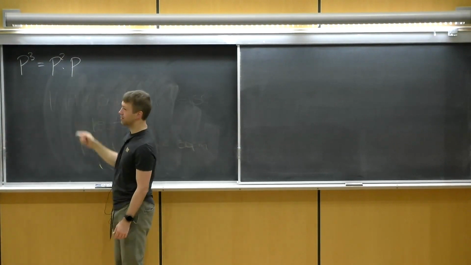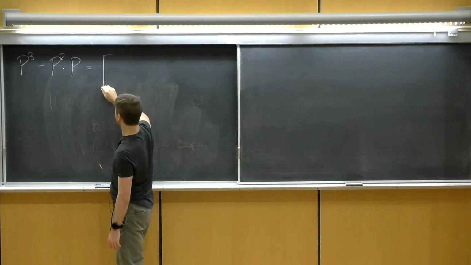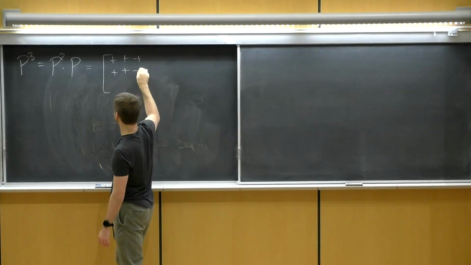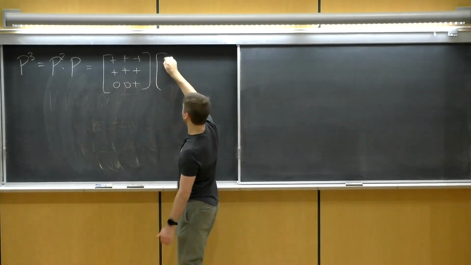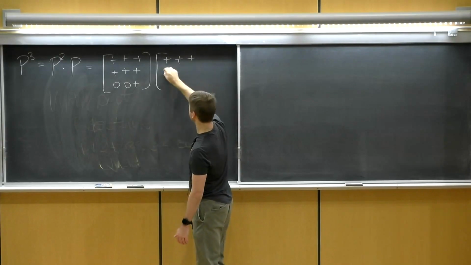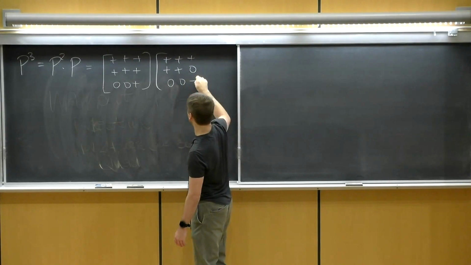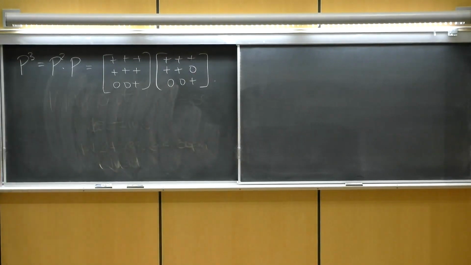So P cubed is the same as P squared times P. P squared had the form plus, plus, plus, plus, plus, plus, 0, 0, plus. And then P was similar, but it had another 0, so it was like plus, plus, plus, plus, plus, 0, 0, 0, plus. Right?